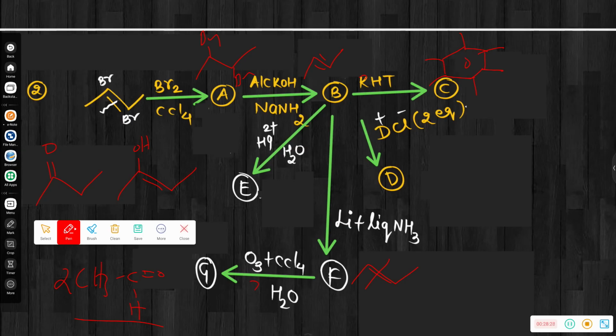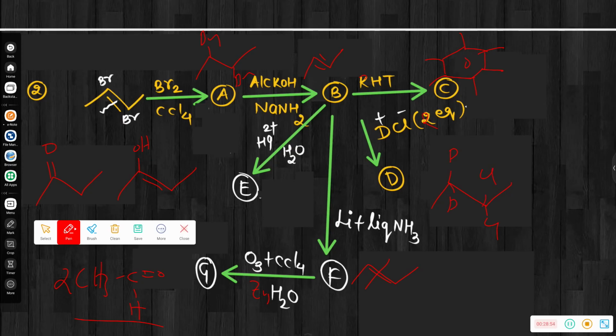Get the next one. Now see, D plus Cl minus, two equivalents, same thing. On one side D will attach, on one side Cl will attach. Correct? Another side D, another side Cl, like this.